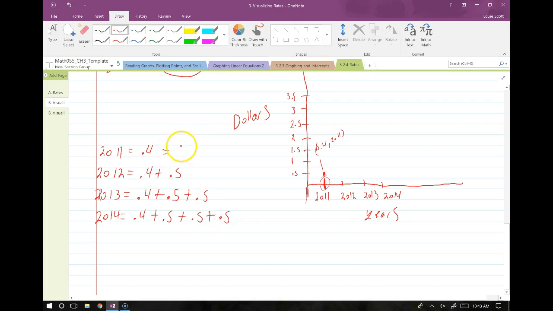So this is going to give us, of course, 0.4. This will give us 0.9. This will give us 1.4. And this one's going to give us 1.9.